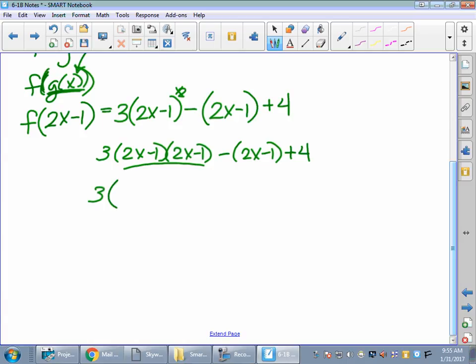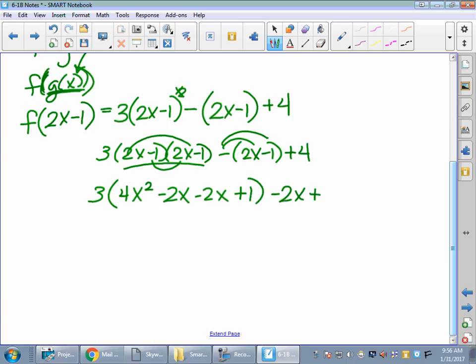So FOIL, 2x times 2x is 4x squared. Outside would give me a negative 2x. Inside gives me a negative 2x. And last gives me a positive 1. I'm going to distribute the negative through the second quantity, minus 2x plus 1, and then don't forget the plus 4. So I'm going to clean this up before I multiply the 3 through, so just keep the 3 there.